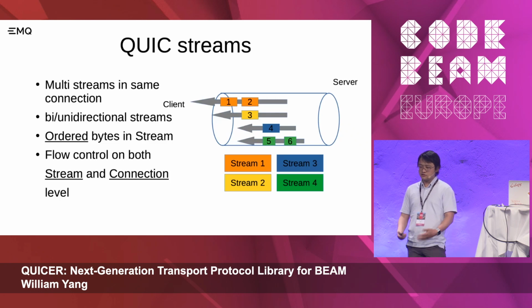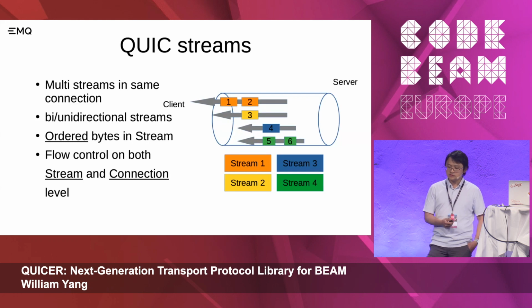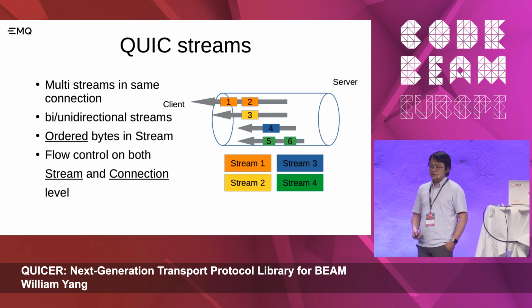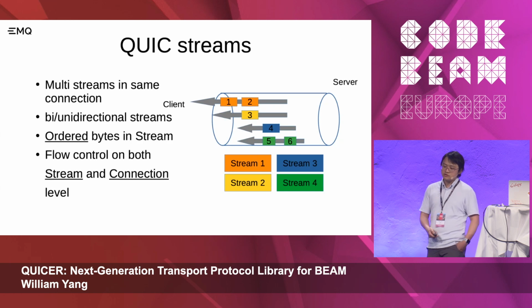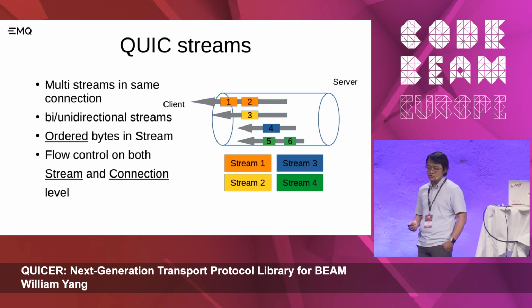You can see that we have 4 streams sent in parallel. Let's talk about what streams are in QUIC. They can share the same connection, and we have bidirectional streams and unidirectional streams, so that streams can be initiated from the client or from the server, for things like server push.